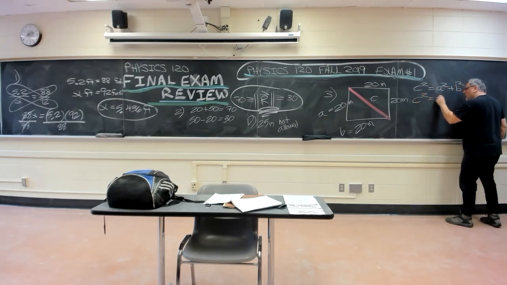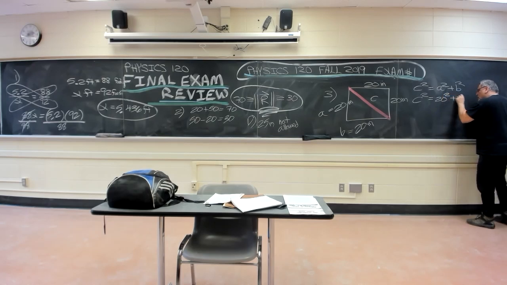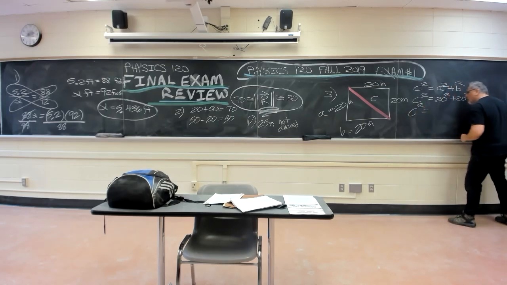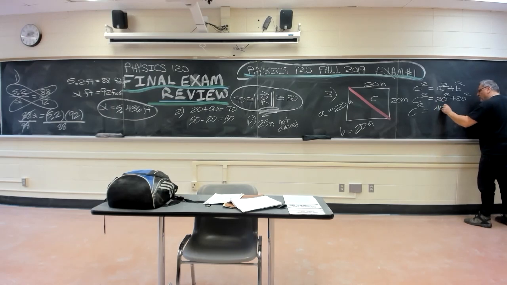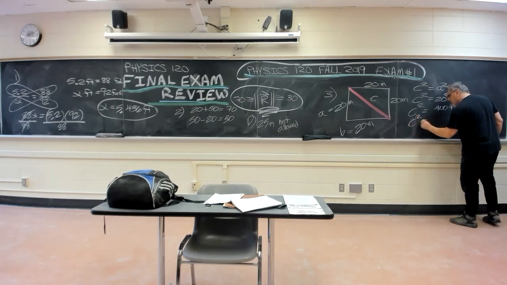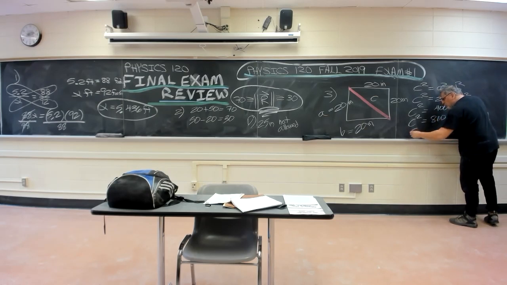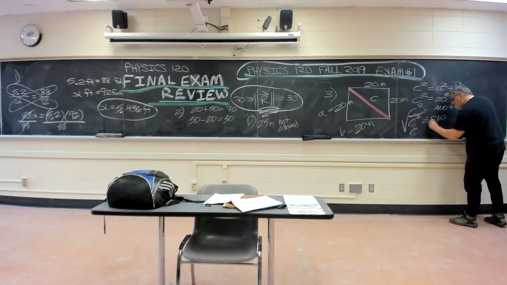C squared equals 20 squared plus 20 squared, 400 plus 400, 800 here. Get the square root of each side.